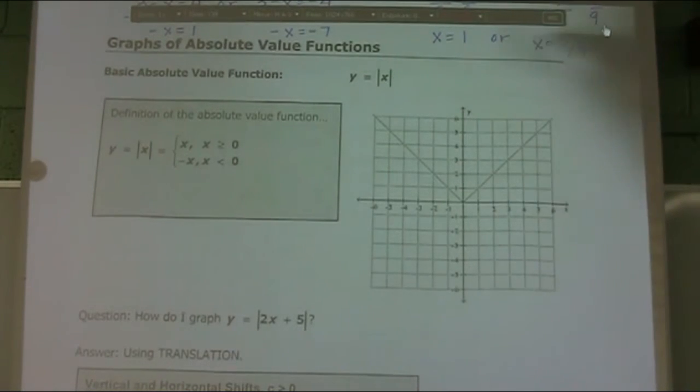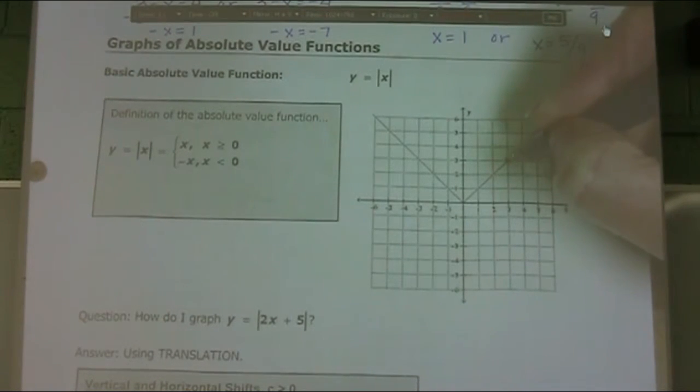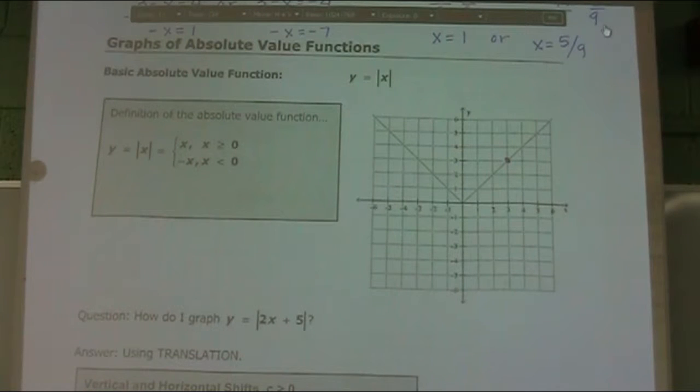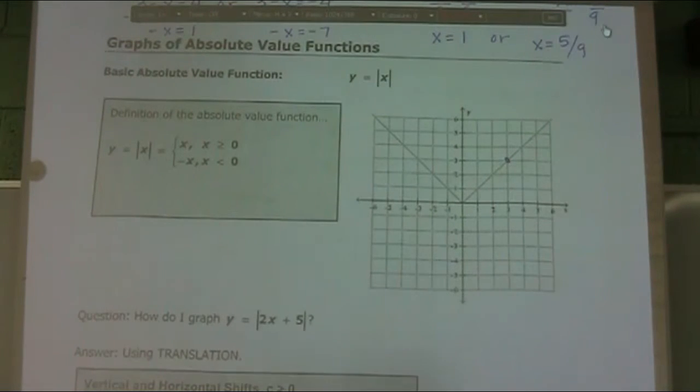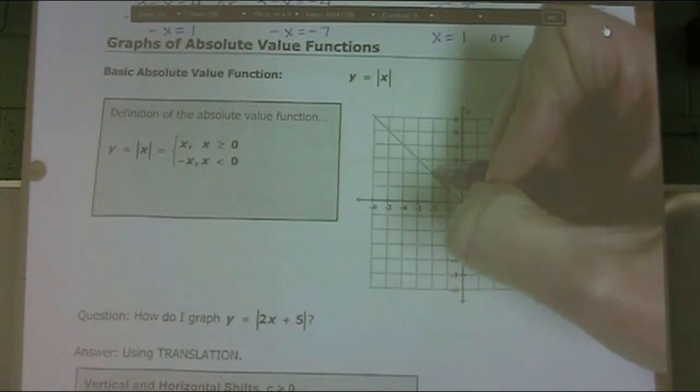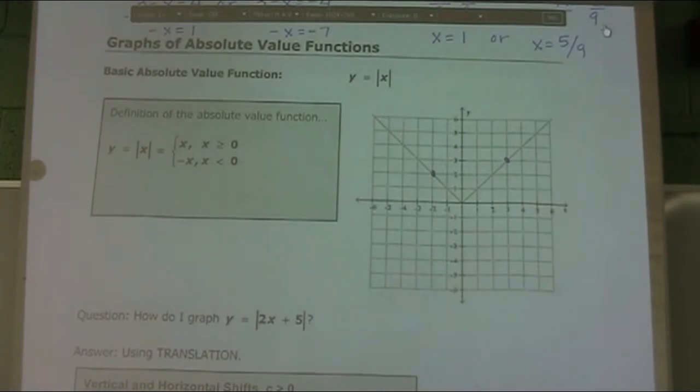So here we have the point (3, 3). That's on our graph. If we have negative 2 for x, we put negative 2 in there, we get 2. So our pair of coordinates is negative 2 for the x and 2 for the y, which is right here. So if you did this for infinitely many points, you would get this entire V-shaped graph.